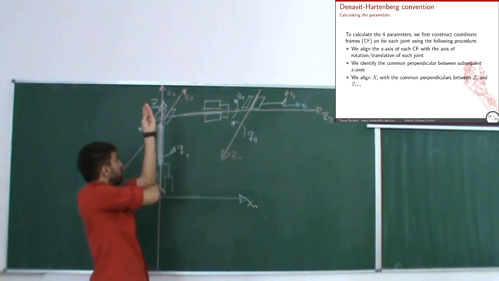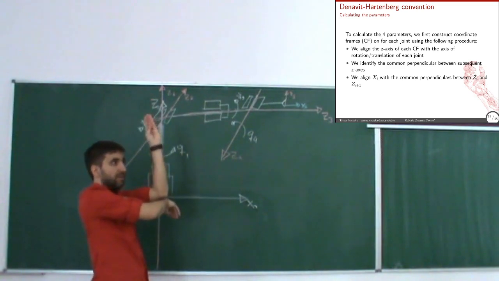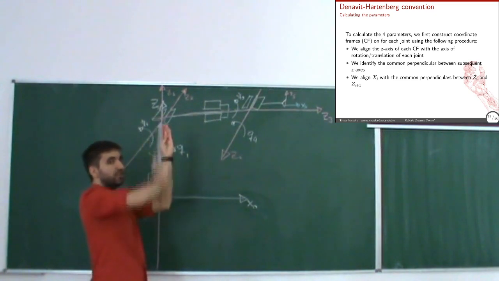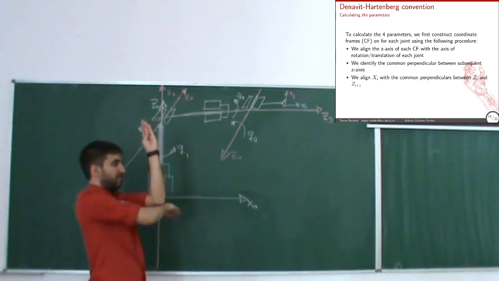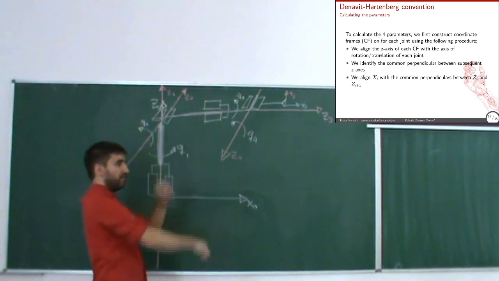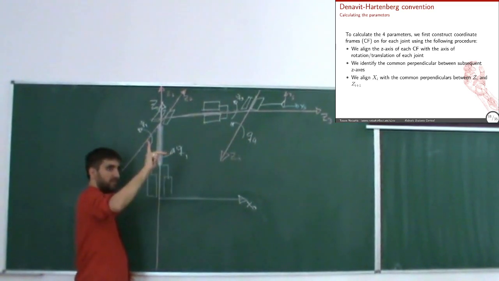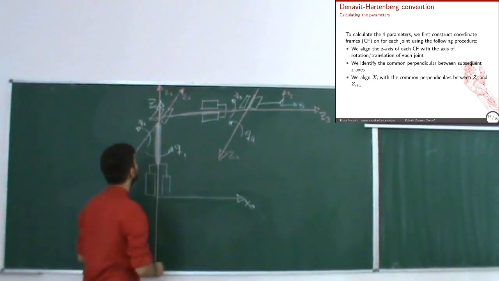On z1, like here. But it has to be perpendicular to this and to this. Right? If it points like this, it's not perpendicular, it's parallel. It's pointing towards there, basically. Right? So if this is z1, z2, this is x1 or 2? x1. Great.